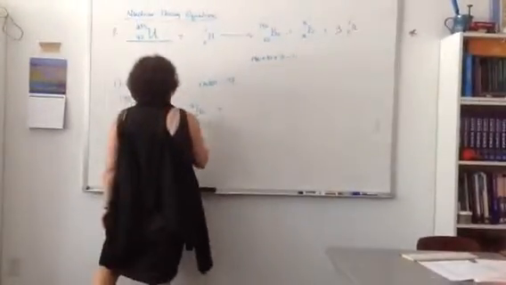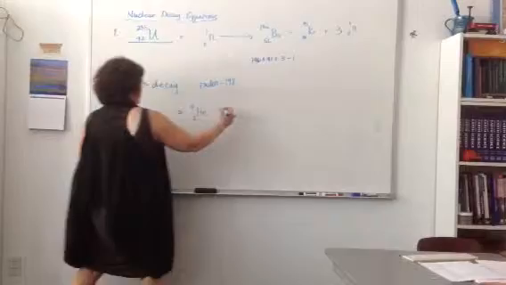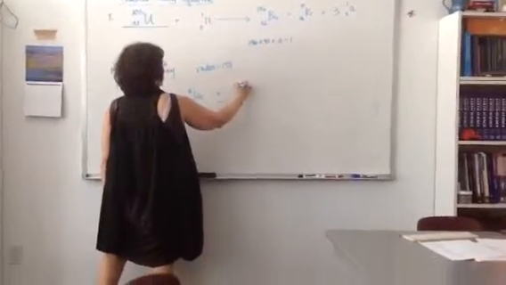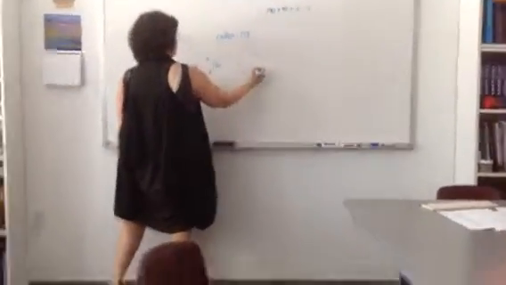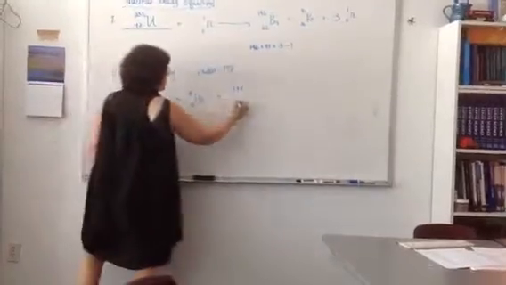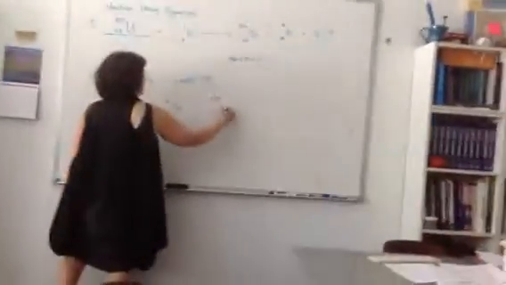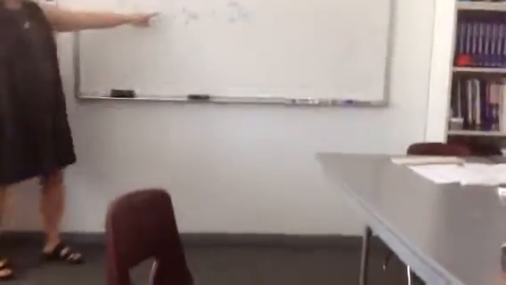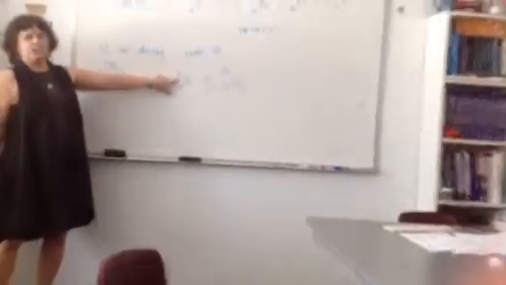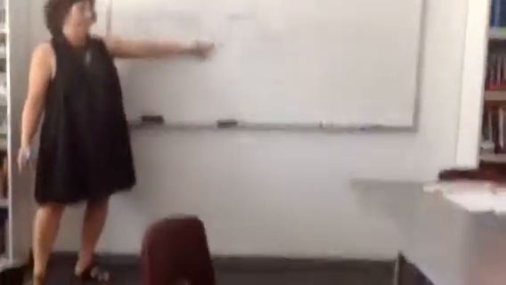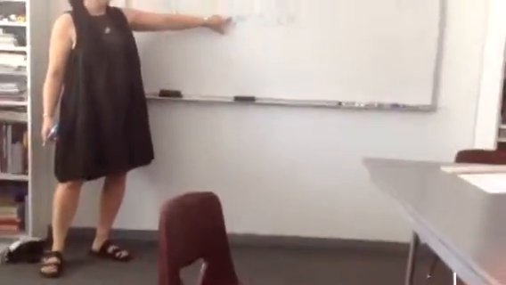Radon is 86. So we get a 194 here. And 86 minus 2 is 84. Wait, why are you subtracting 4 again? Because the helium nucleus is taking off 4 nucleons.